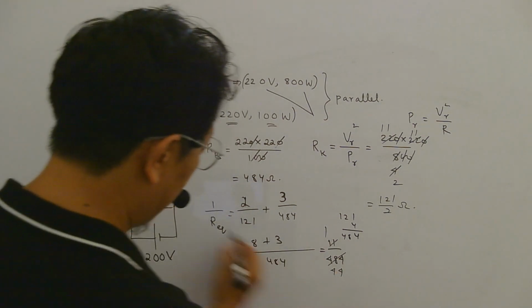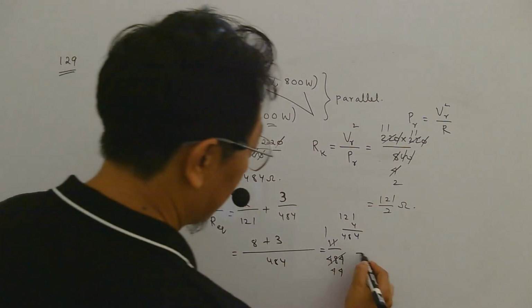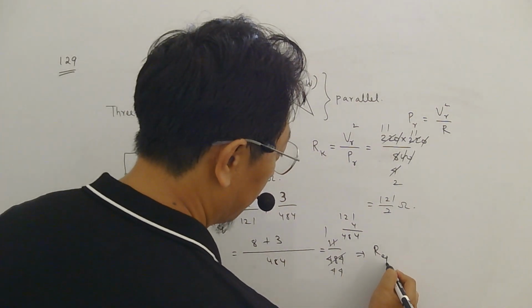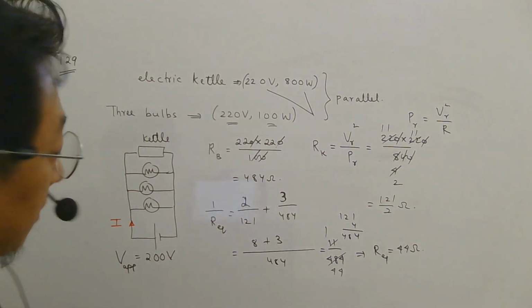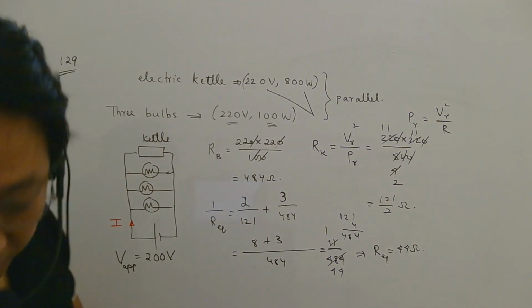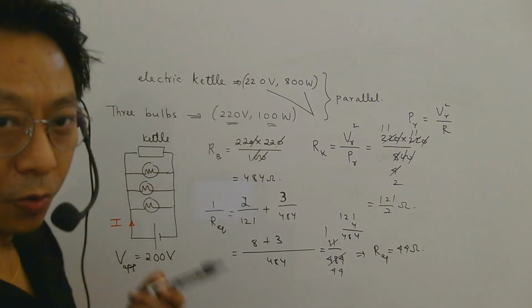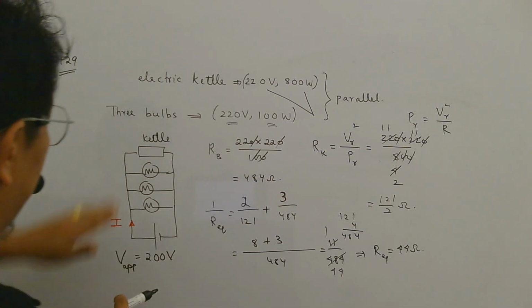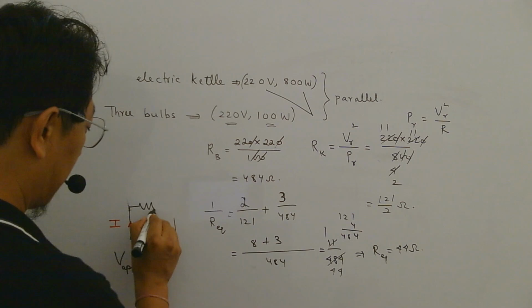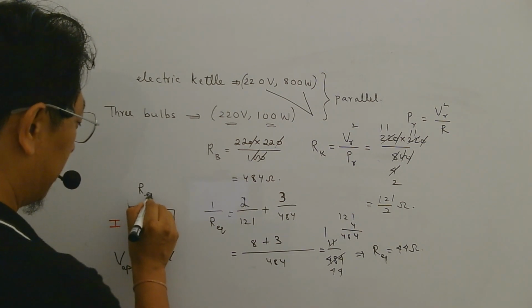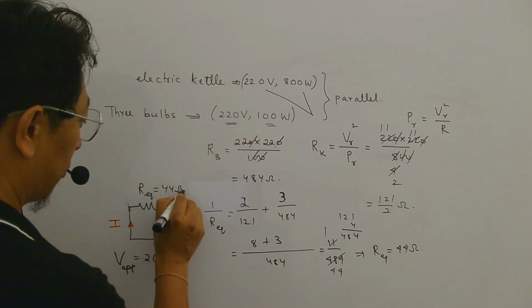So our equivalent, if you cross multiply, will come 44 ohm. So this whole thing can be replaced by R equivalent, which is equal to 44 ohm.